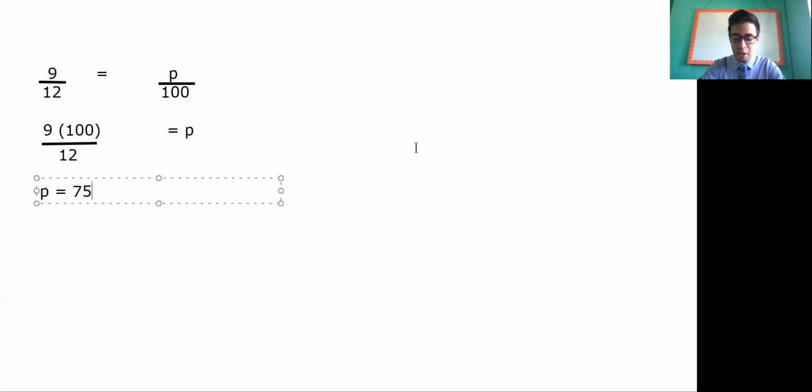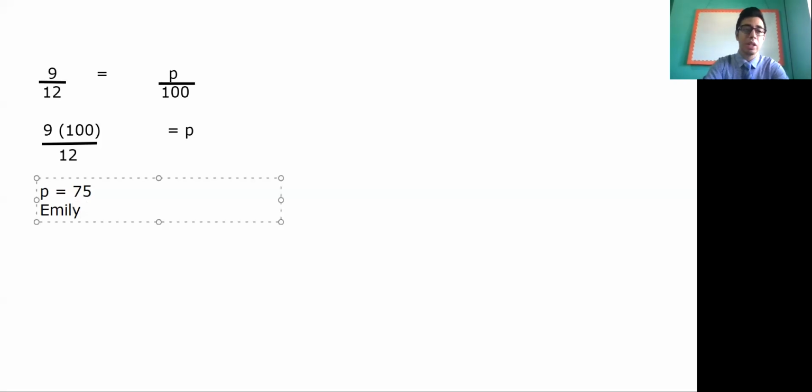Emily made 75% of her shots. Remember, she was asked to determine a percent. So this is 75%. Emily made 75% of her shots.